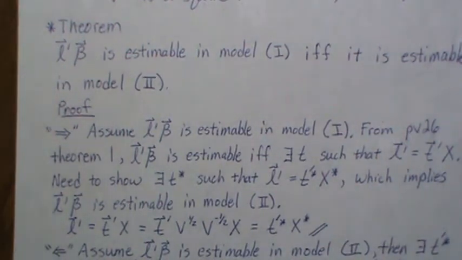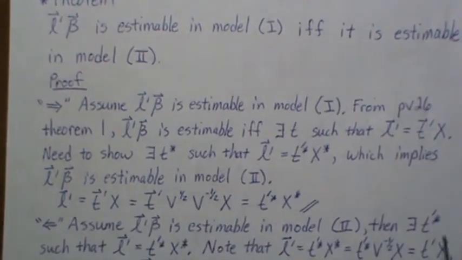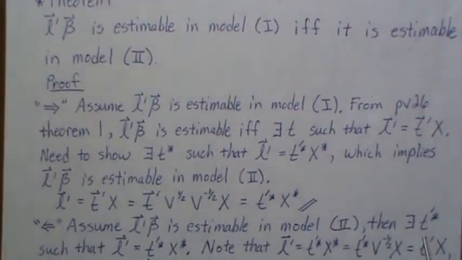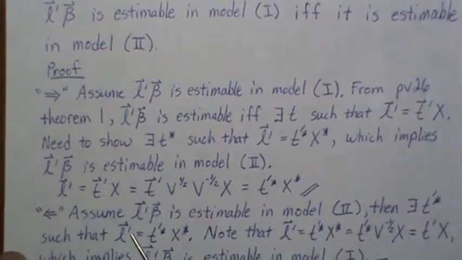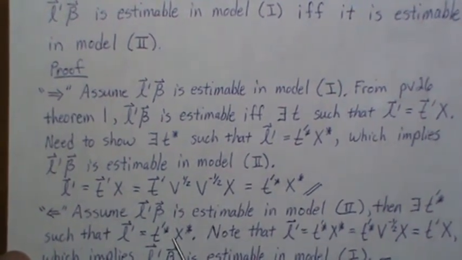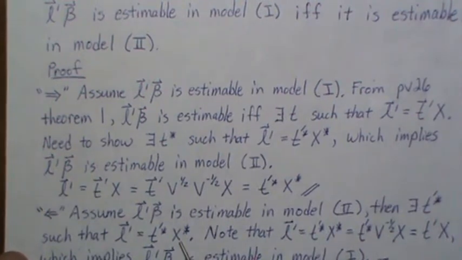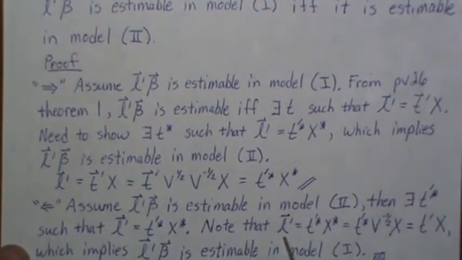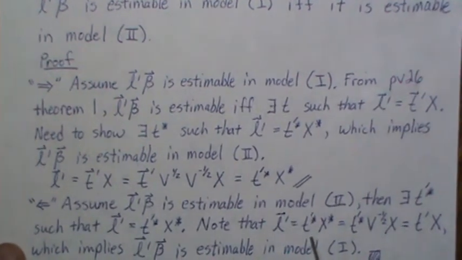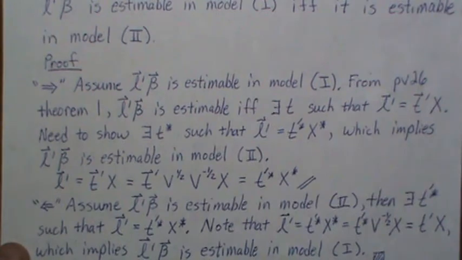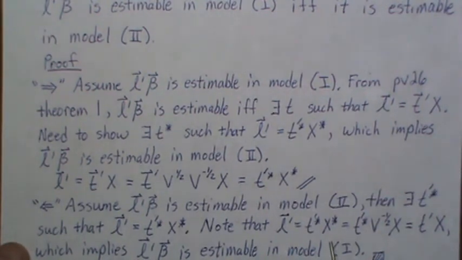which shows it's estimable in model 2. Next, let's assume that this linear combination is estimable in model 2. Then there exists a t star such that this vector L is t star prime X star.